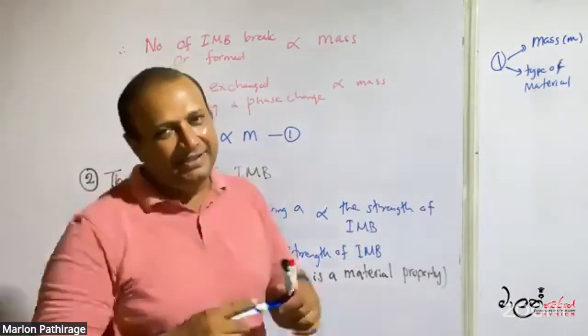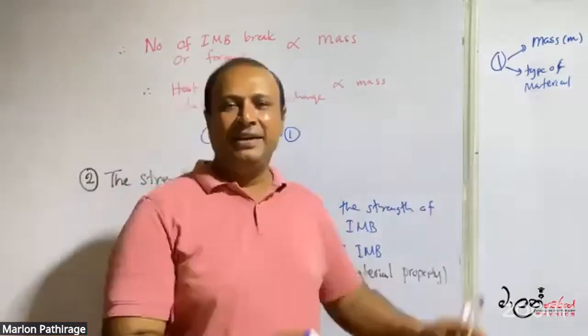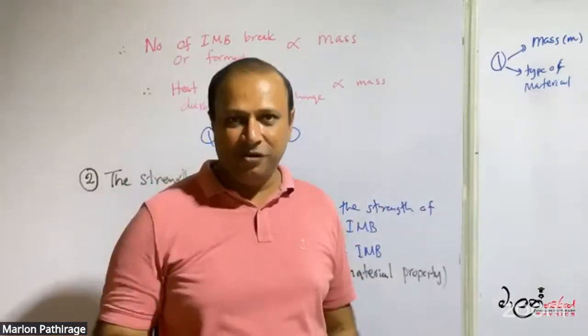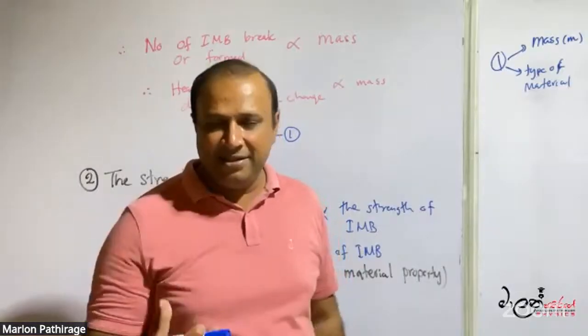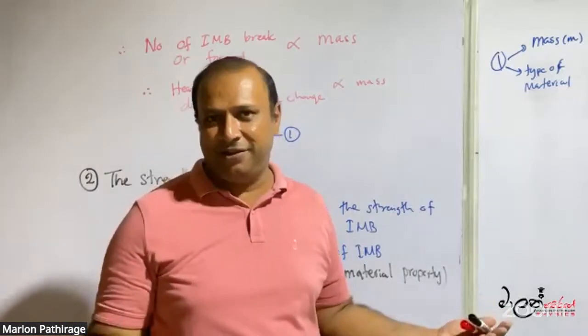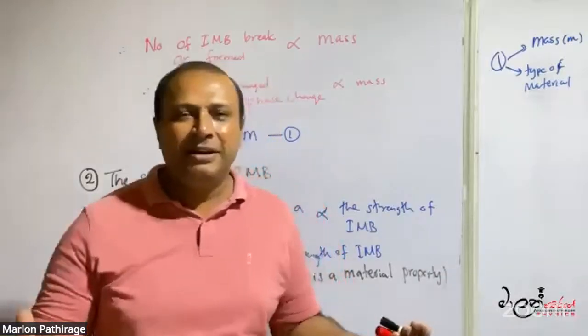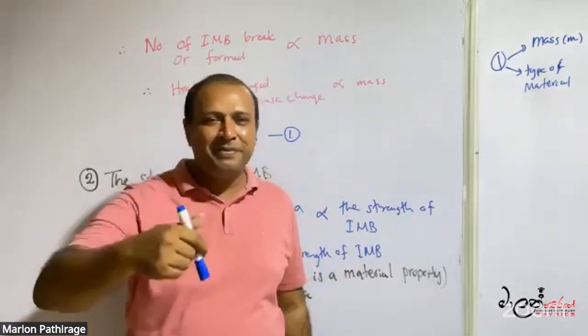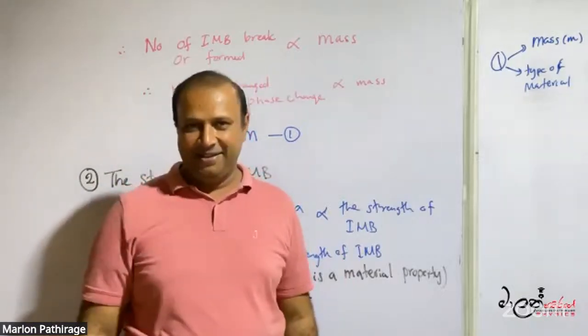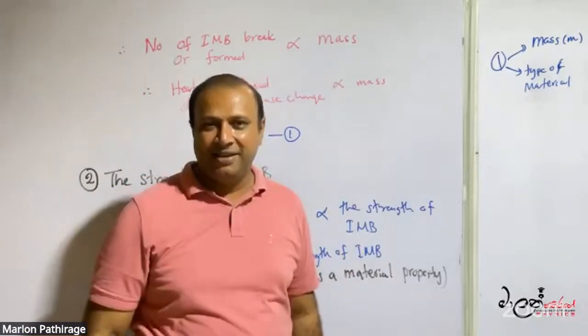Actually, this is very similar to Q equals m c theta. The only difference is there is no temperature difference during the phase change. Therefore, temperature is not a factor here.